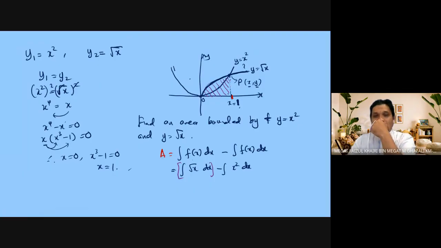And we just stop here, let's say starting from 0 until 1. So the integral of this is going to give you an area between the curve of y equal to square root of x and the x-axis.